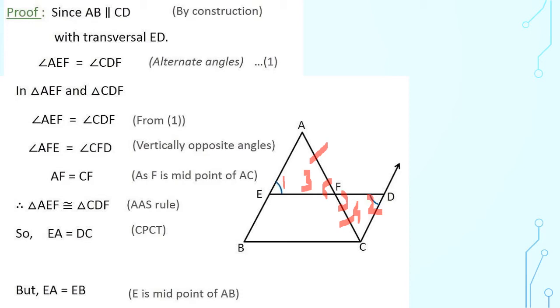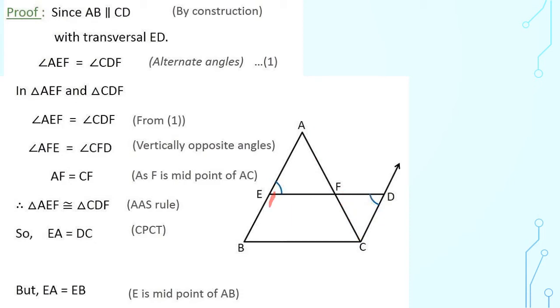So which type of congruency did we arrive at? We got A, A and S. Clear? AAS. Let me rub it out.